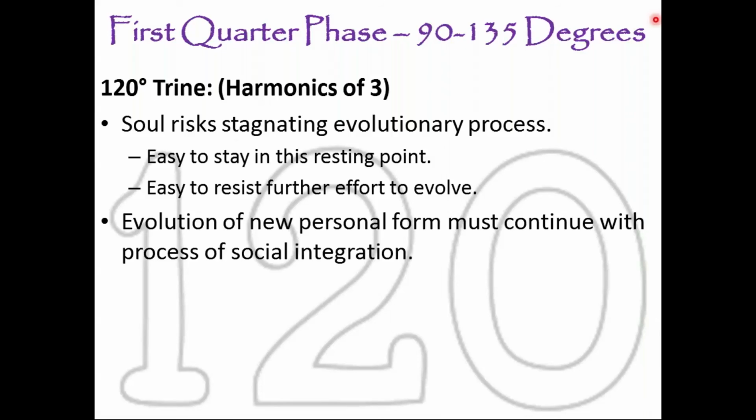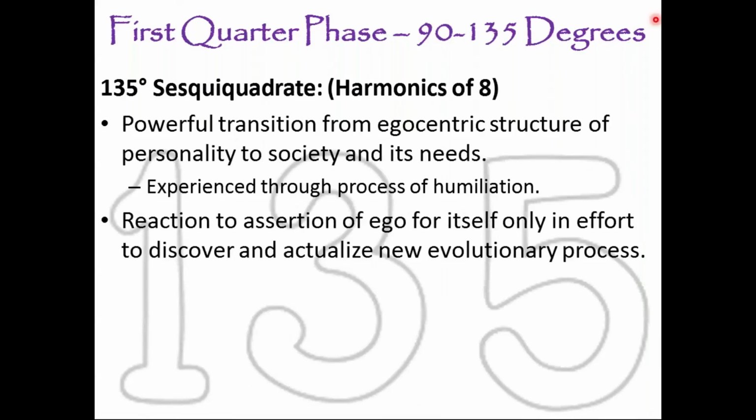And so what that then will lead to as we move through these degrees between Pluto and Mars is we eventually end up at the sesquiquadrate aspect, 135 degrees. We get to 130, 131, 132, 133, 134.